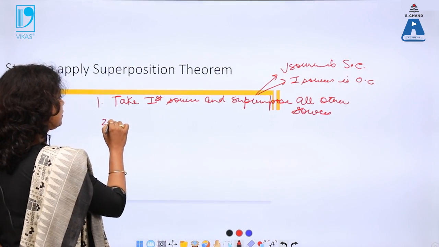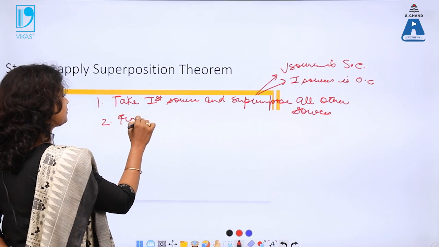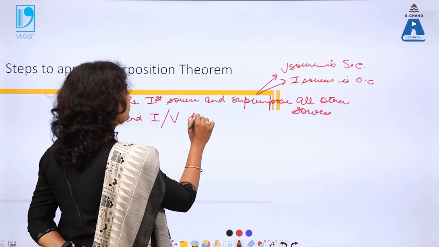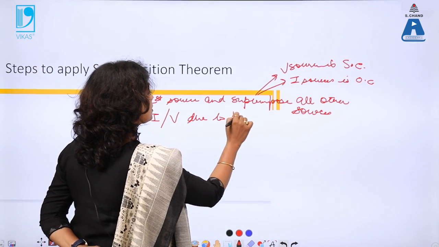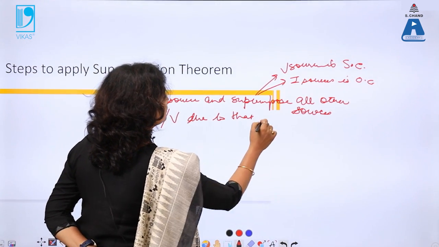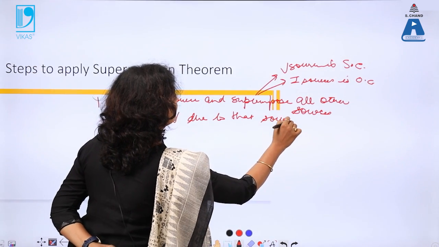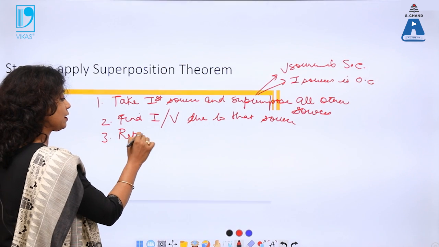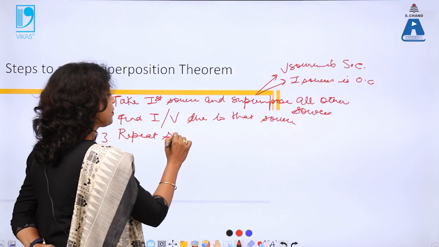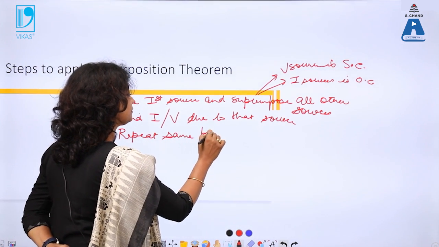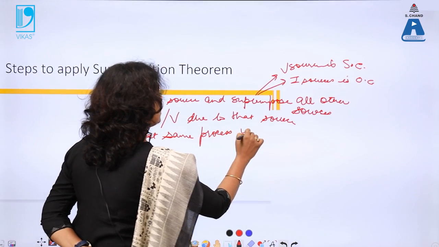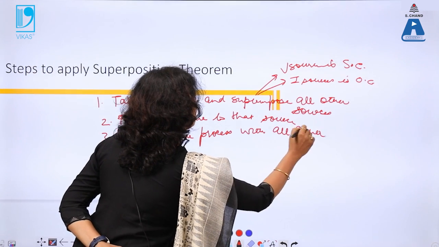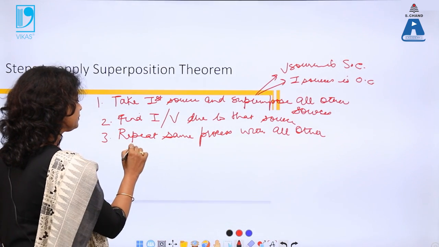Then we find out current or voltage due to that source. Then we repeat the same process with all the other sources.